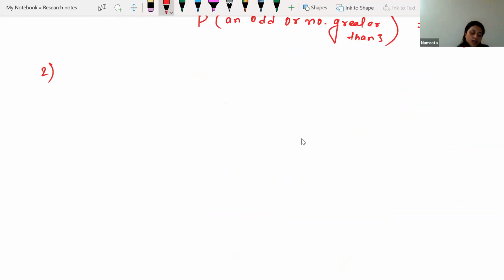So there is an assertion and reasoning based question. It says in a standard deck of 52 playing cards, 52 playing cards are there.